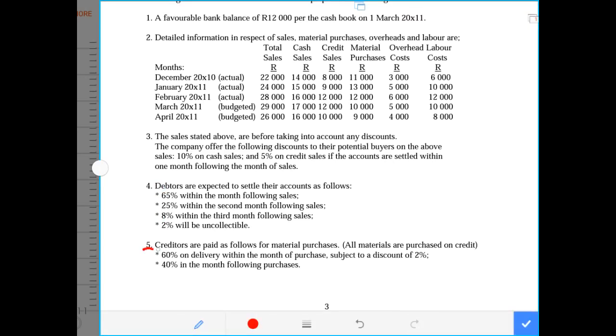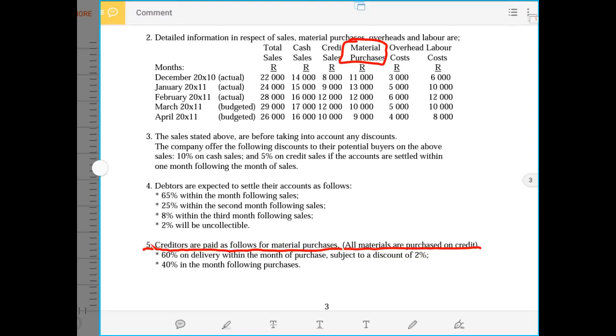Number 5 says that creditors are paid as follows for material purchases. So now they say all materials are purchased on credit. That means all the material that we see here, which is material purchases, is bought on credit.